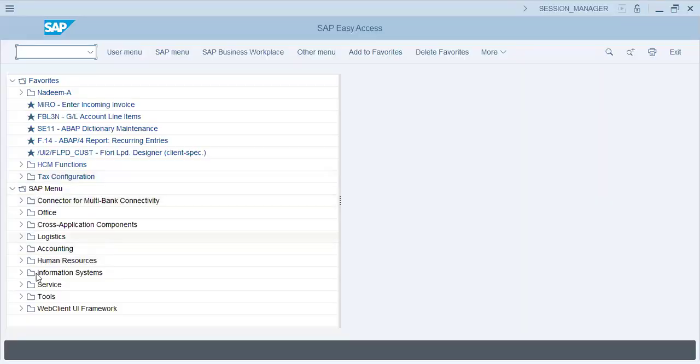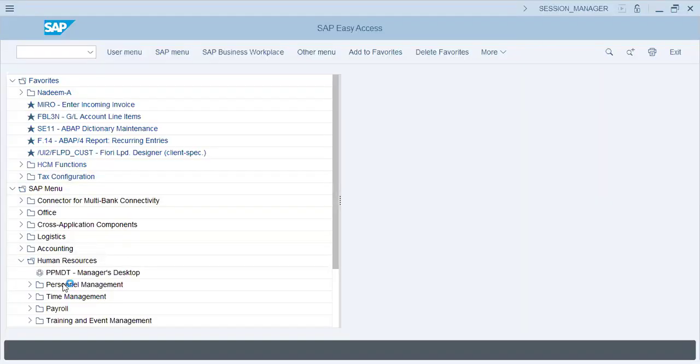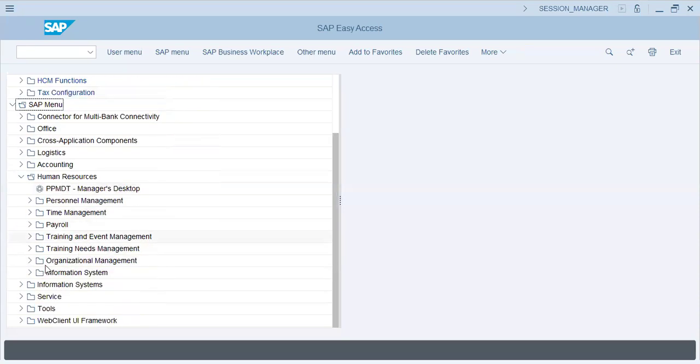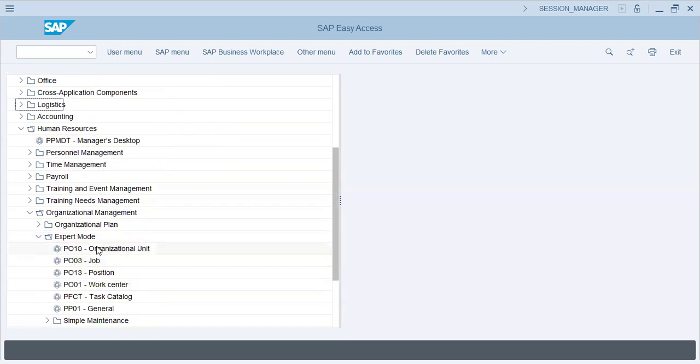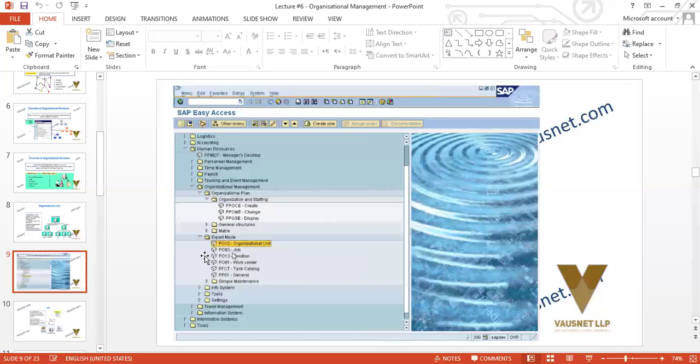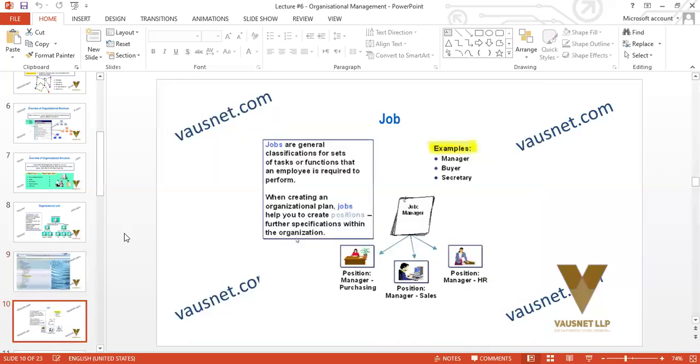And if you have to access this: human resources, organizational management, expert mode, organizational unit. Anyways, it's slow, so we'll go ahead and complete our presentation first.